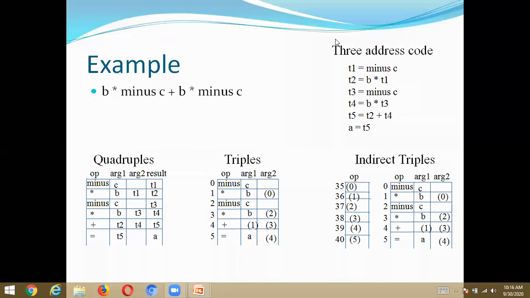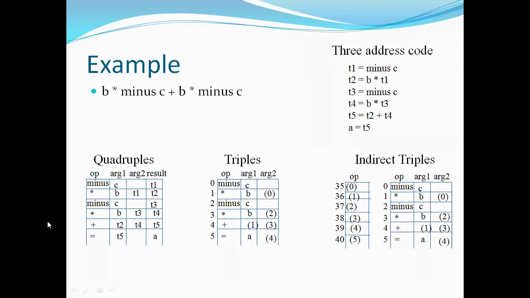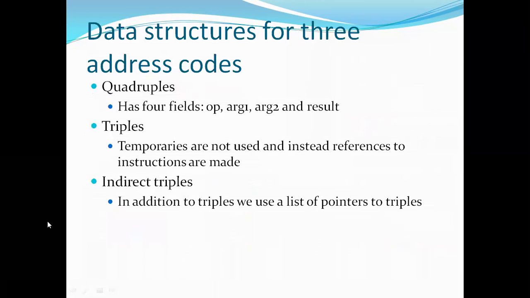Now you need to know what the triple representation is. After knowing the quadruple representation, what is the need of using triples? Triple representations are used to avoid temporary variables. That means temporaries are not used, and instead references to the instructions are made.